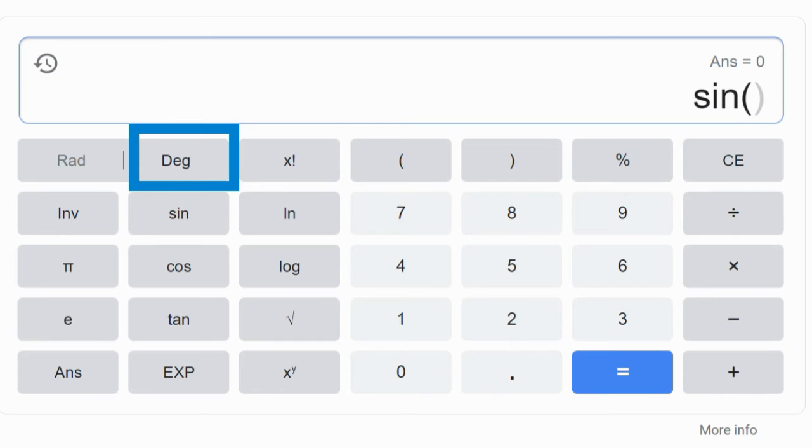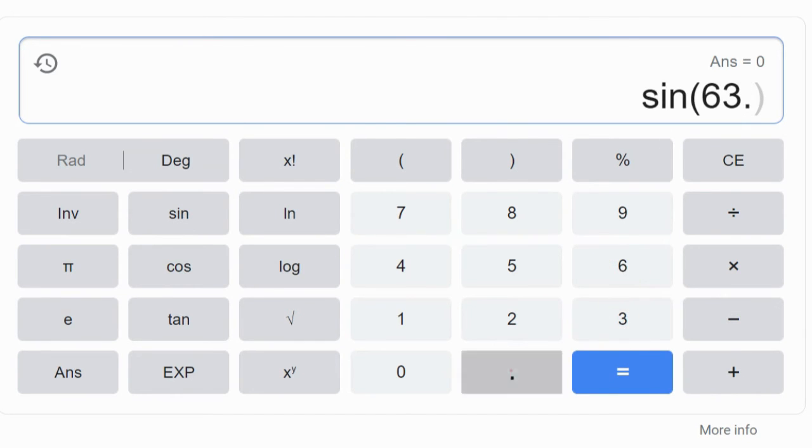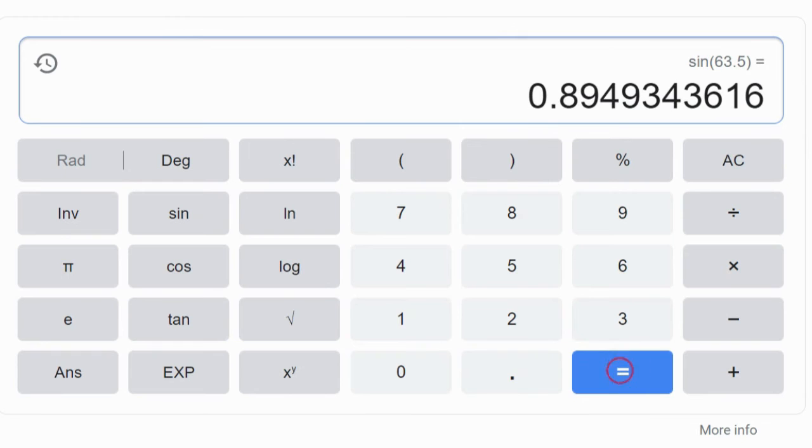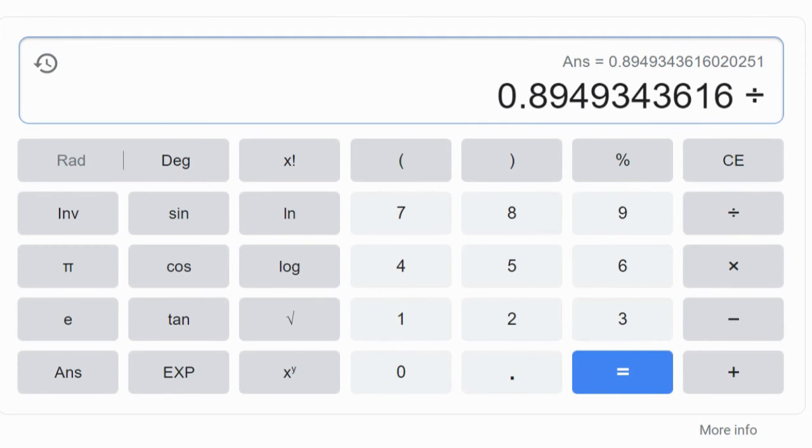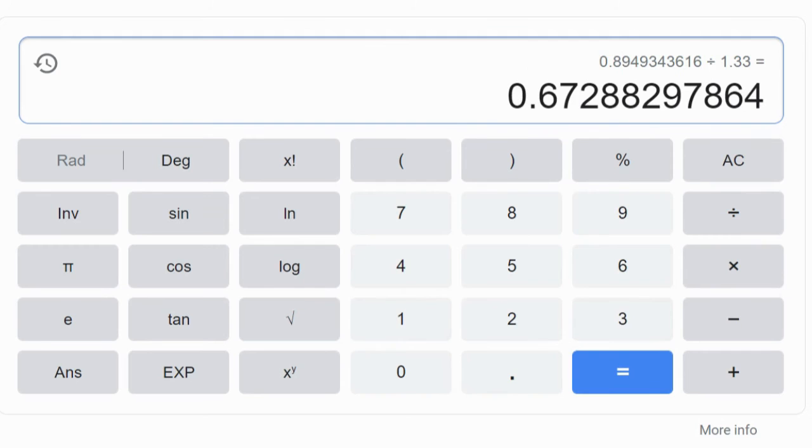To use the Google calculator, make sure you are in degrees and start the calculation by finding the sine of 63.5. You should get 0.8949. If you don't, check to make sure your calculator is in degrees, not radians. Next, multiply by 1 and then divide by 1.33. Now click on AC.